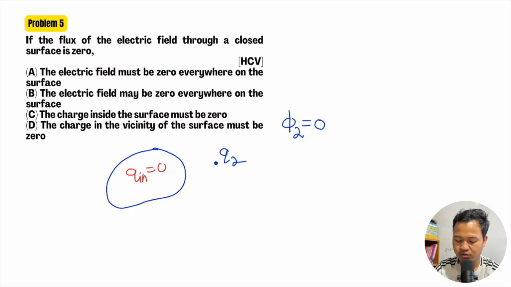So if q in is equal to 0, there is no charge inside the Gaussian surface. In that case the electric flux is 0. Flux is equal to q in by epsilon naught, that is Gauss law. So if this is 0, then phi is also 0. The answer is that the charge inside the surface must be 0.